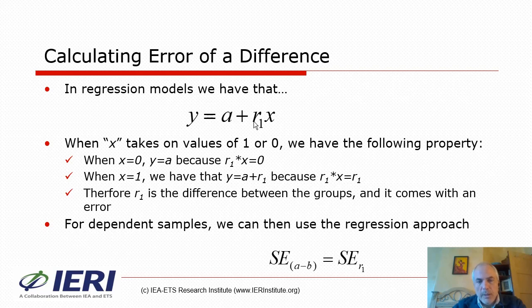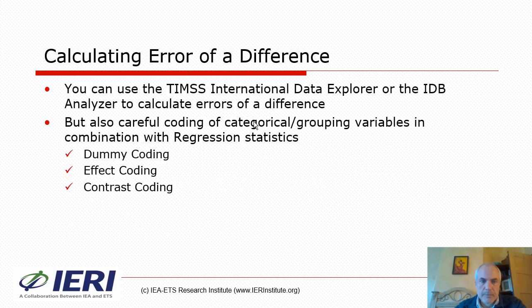Using regression, in contrast coding the variables, or you can do any type of contrast coding of the variables, you can test for significant differences by using a statistical package that has regression as part of its tools, and that does jackknifing in the case of TIMSS. So you can use the TIMSS International Data Explorer or the IDB Analyzer to calculate errors of a difference.